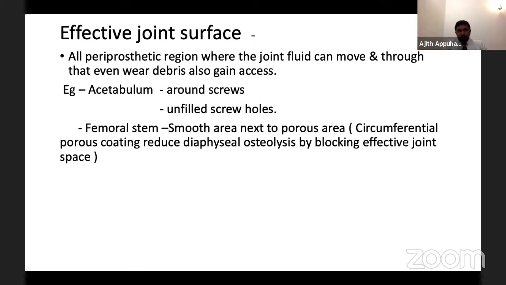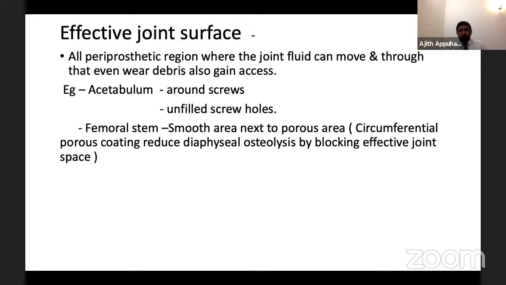This is the area I thought I need to explain, effective joint space, because sometimes in your viva table, even though the examiner intended to ask about osteolysis and implant loosening, he will not start your viva discussion as straightforwardly as asking what is osteolysis.